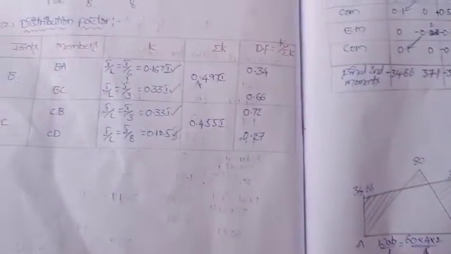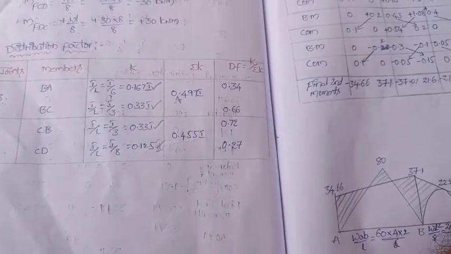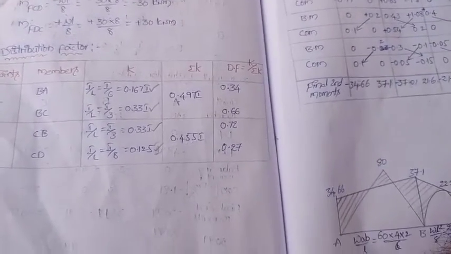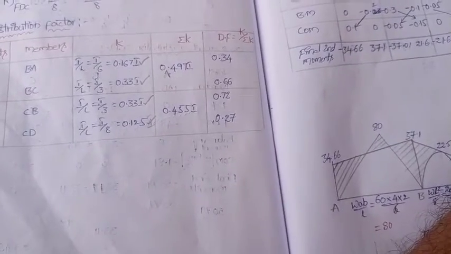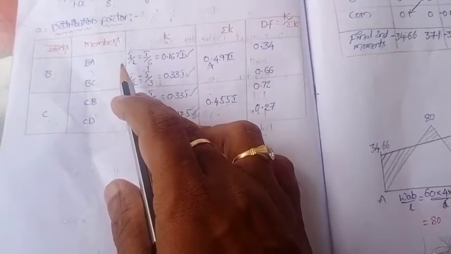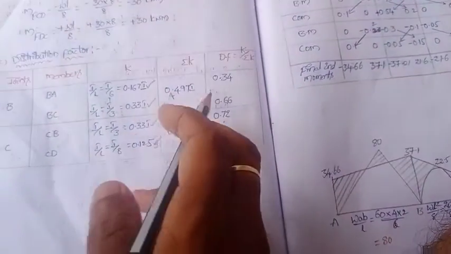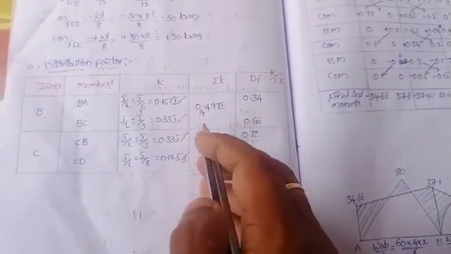Next, find out the distribution factor. The distribution factor DF equal to K by sigma K, stiffness upon summation of stiffness. Here we find the distribution factor for each member.